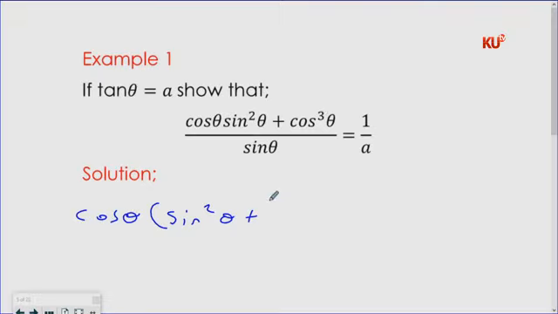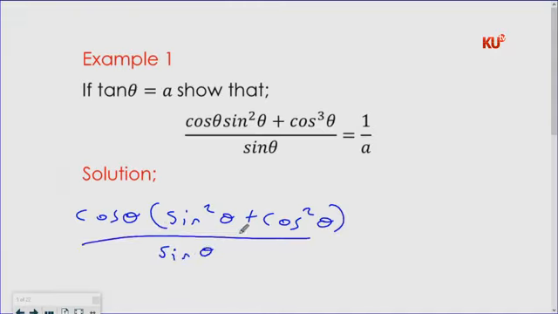That is cos theta times cos theta, which is cos squared theta, over sine theta. So we have to prove that this is equal to 1 over A. You can just focus on what is on the left-hand side as you prove that if we work this out, we shall end up having 1 over A.